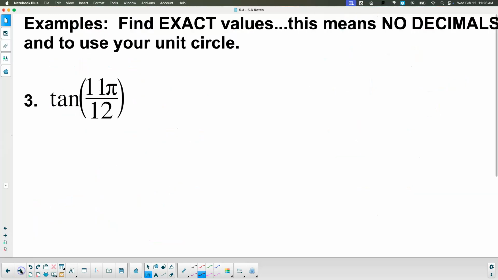You now try the tangent at 11 pi over 12. I don't care if you do it via addition or subtraction. You try that one.